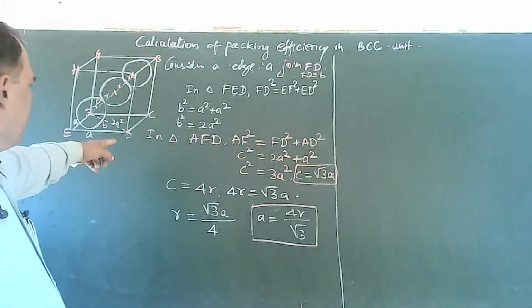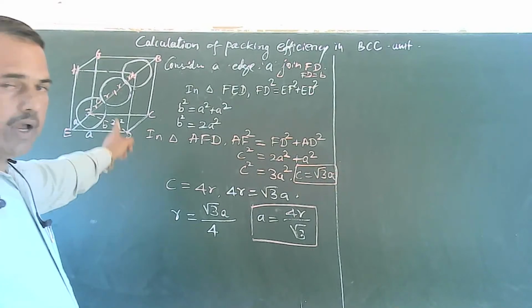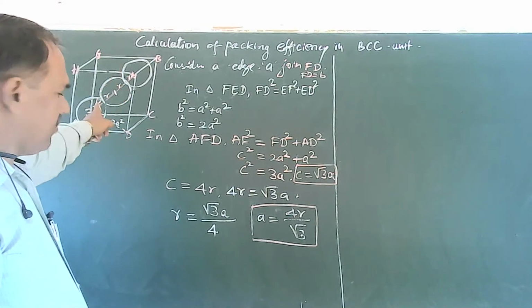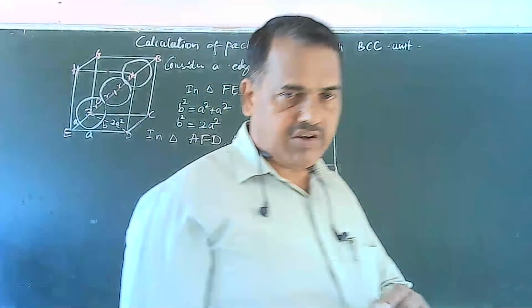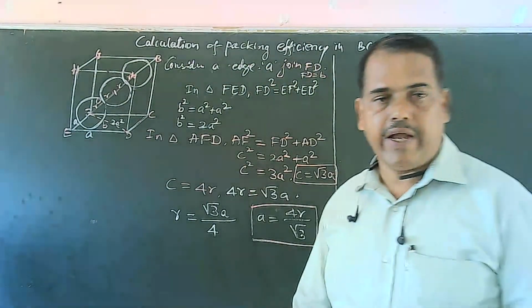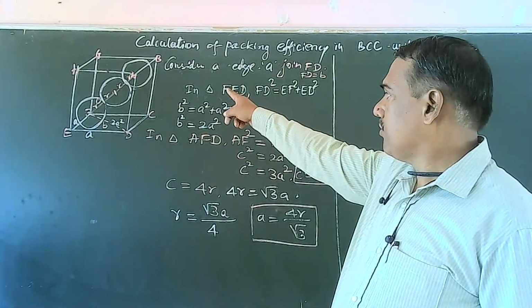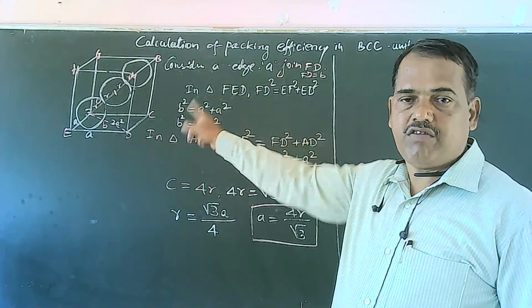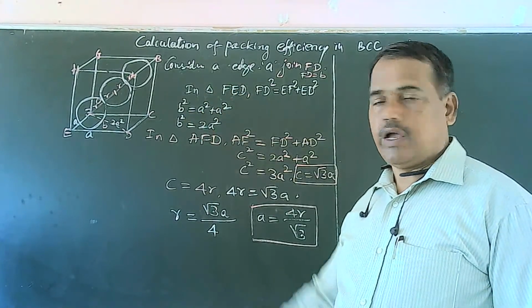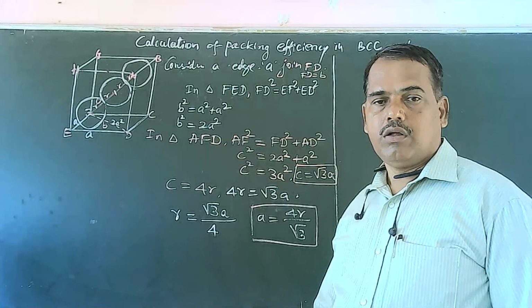You have to join FD. As it is BCC, the particles are present along the body diagonal, as shown in the figure.